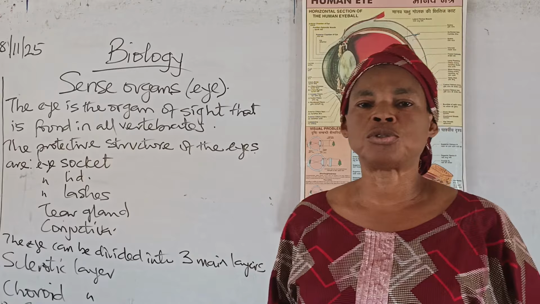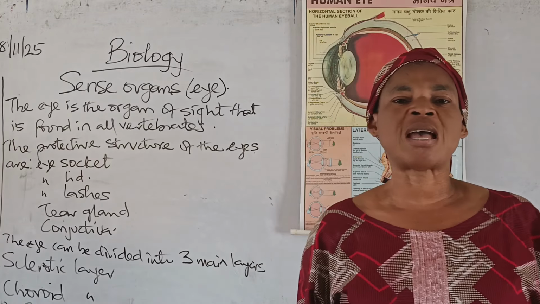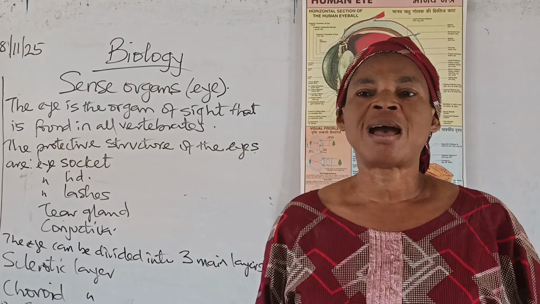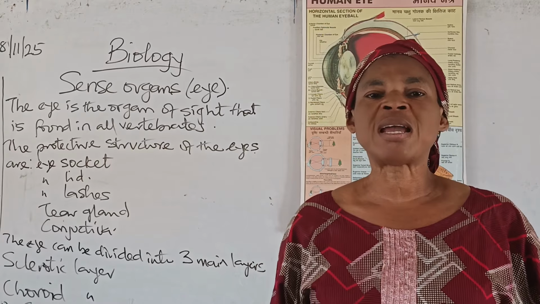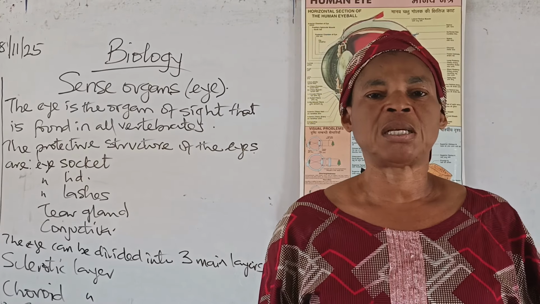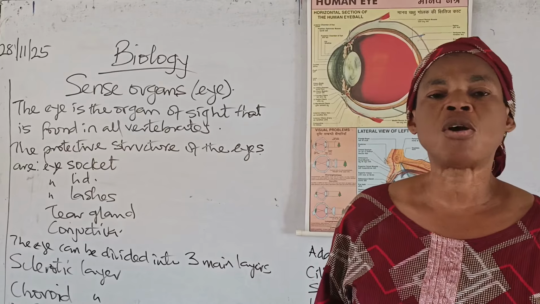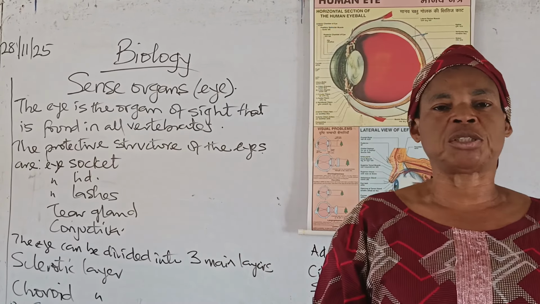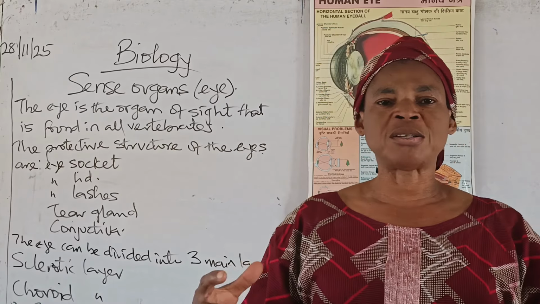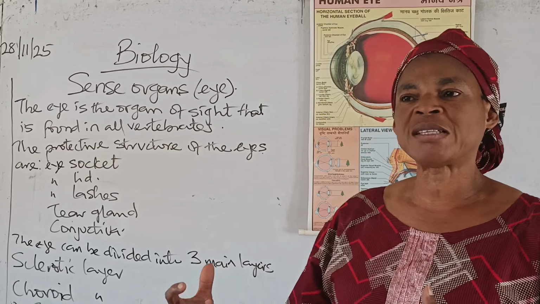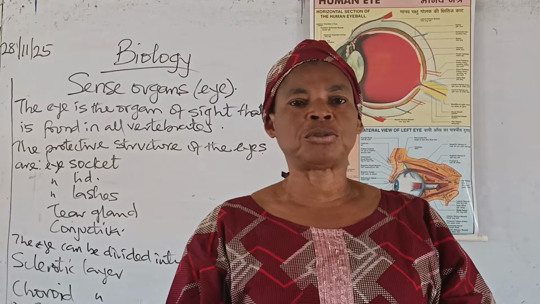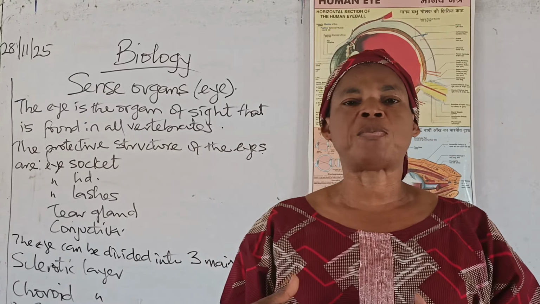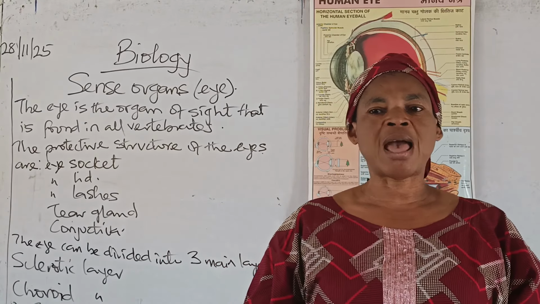The conjunctiva is the outermost part of the eye. When the eye is about to be infected by bacteria, it becomes inflamed, that means it swells up and turns reddish in color. By swelling up like that, it prevents the infection from entering the innermost part of the eye.